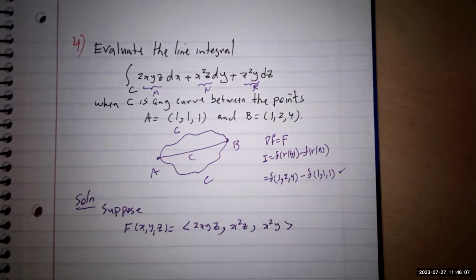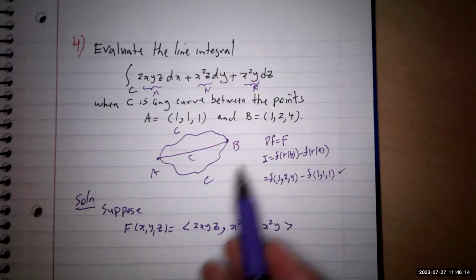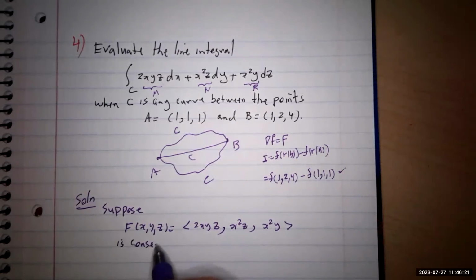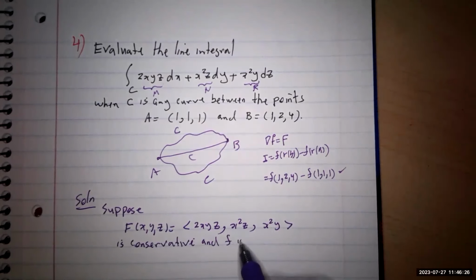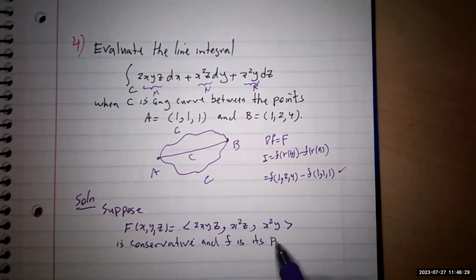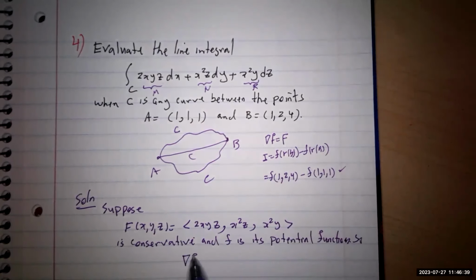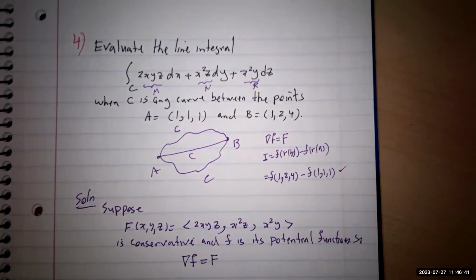You are not going to check whether it is conservative or not, because eventually you want the potential. So suppose this is conservative and f is its potential function. You can start with the gradient of f equal to F and continue.